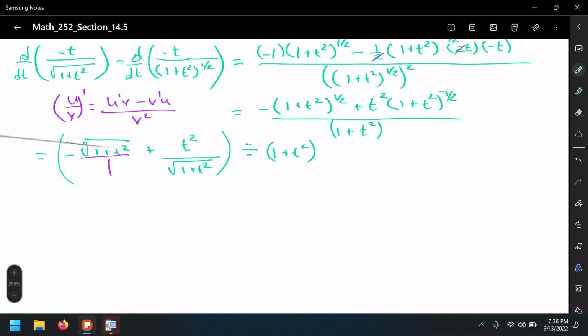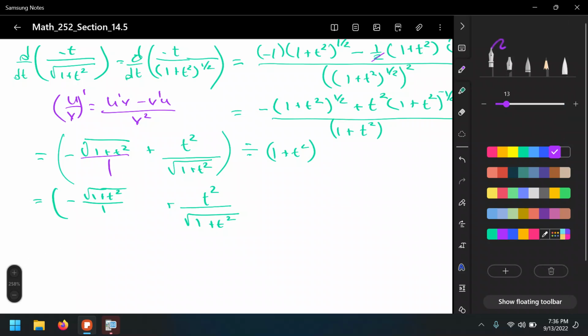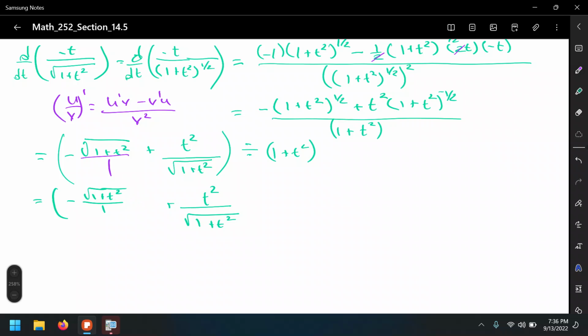To combine these two fractions together, we need to make these two the same denominator. So that's going to be negative root of 1 plus t squared over 1, and the least common denominator here will be to multiply numerator and denominator by 1 plus t squared.